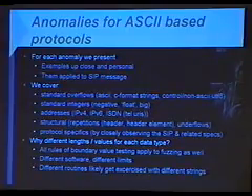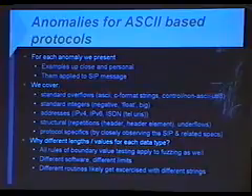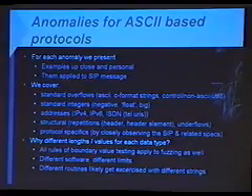Standard integer anomalies, basically most importantly something that you can do with ASCII-based protocols, then a few examples of address anomalies, then those structural things that I was mentioning, and then a few words about how to come up with really protocol-specific anomalies for SIP.